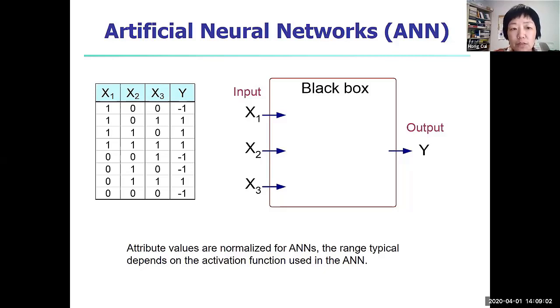So this could be a representation of an artificial neural network: input, output, and connected to a black box. The attribute values I want to mention here are often normalized, for different types of neural networks, often to a small number, depending on the activation function used, often in the range of -1 to +1, or 0 and 1.